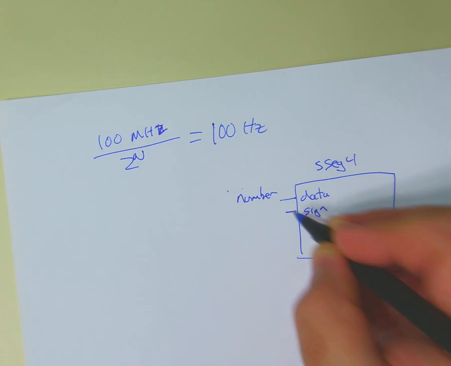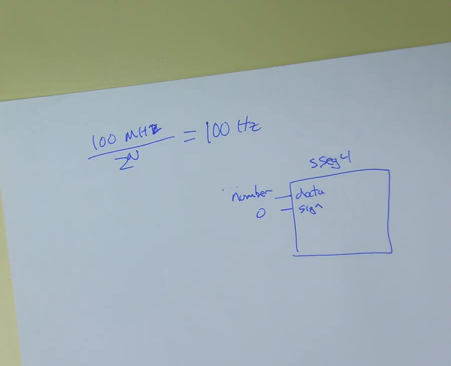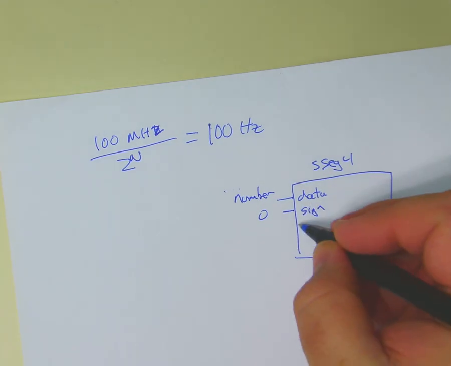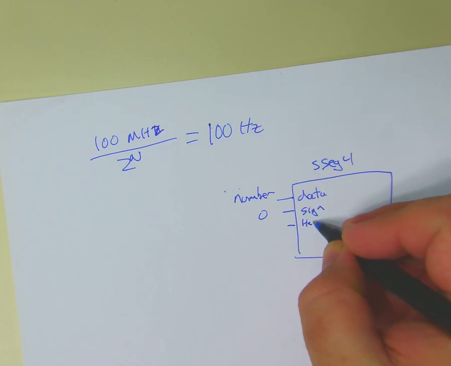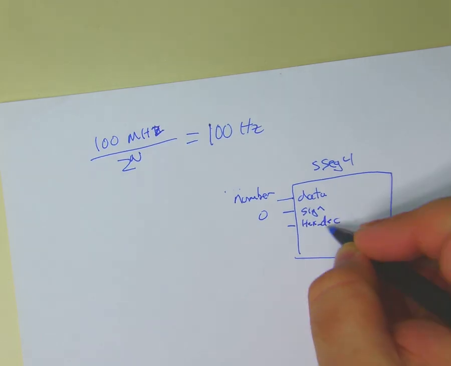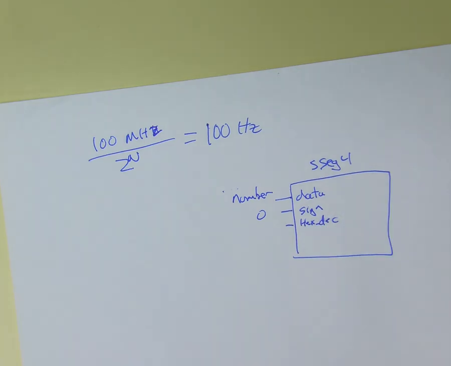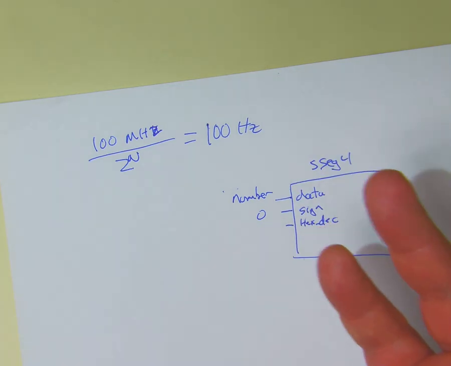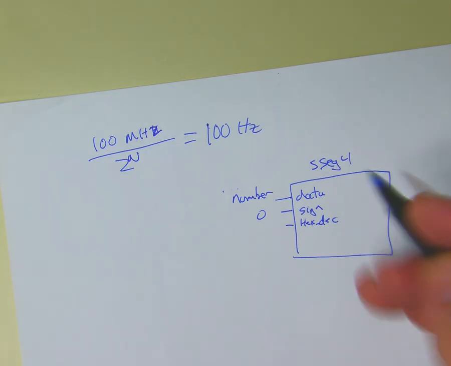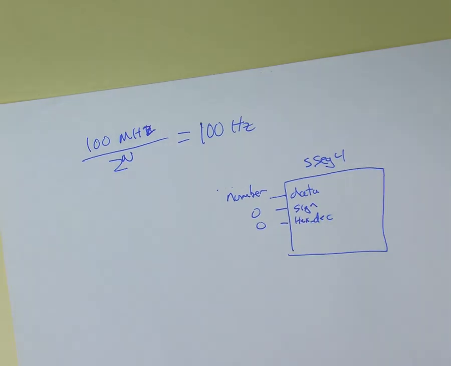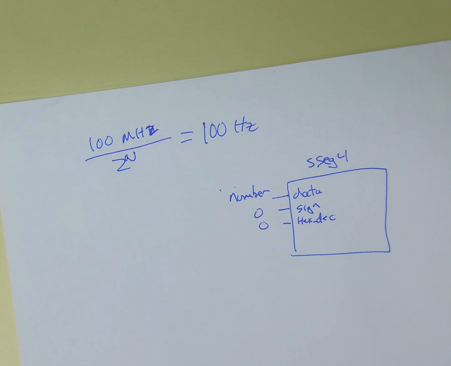The sign bit, just set to 0. We don't care about that. We don't care about hex to des either. It doesn't matter which one you pick. Pick one of them. All we're trying to do is take a look at the quality of the display. We don't care about anything else on here. So I'm just going to set that to some number, 0.